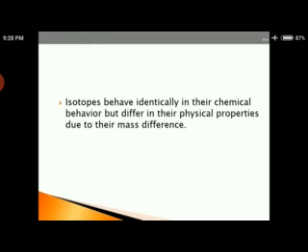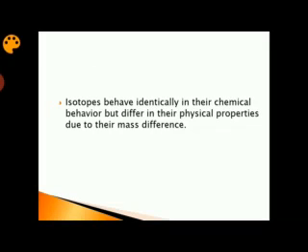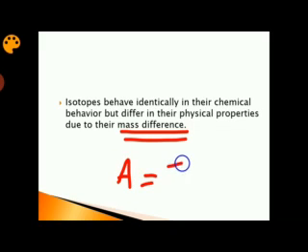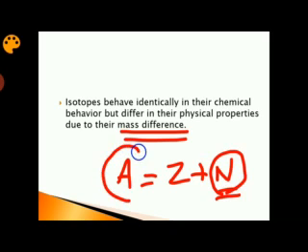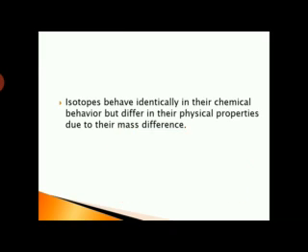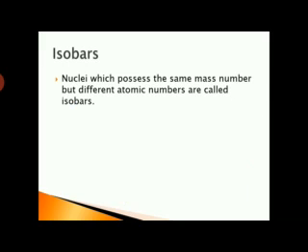The difference is in the number of neutrons, which will also reflect in the mass number, because mass number A is the sum of the atomic number Z plus the number of neutrons. A difference in the number of neutrons N means a difference in mass number also. So isotopes have different mass.